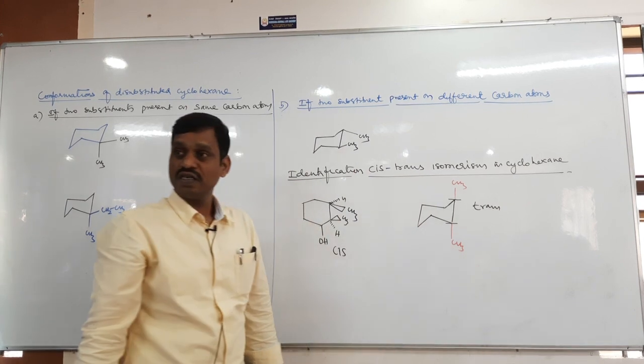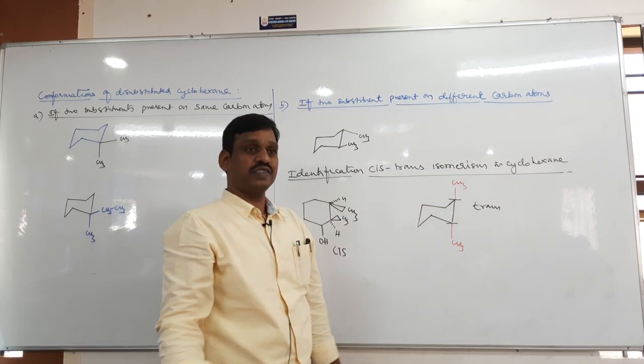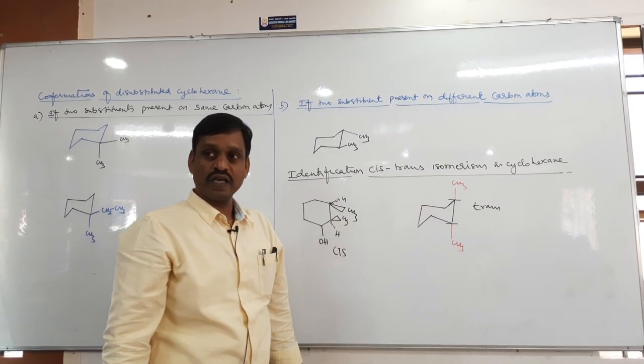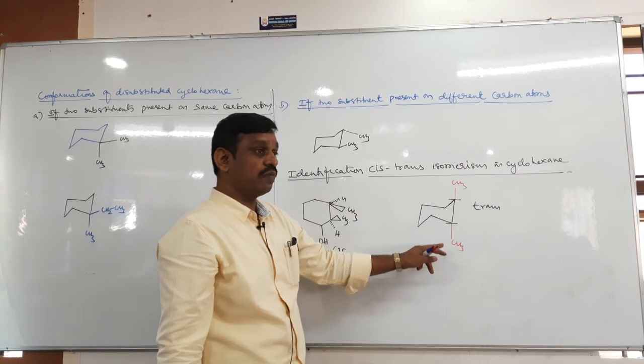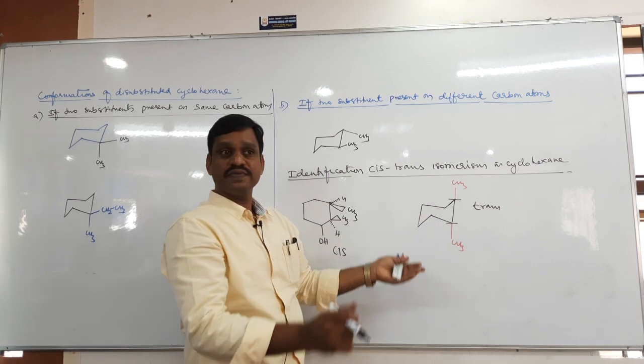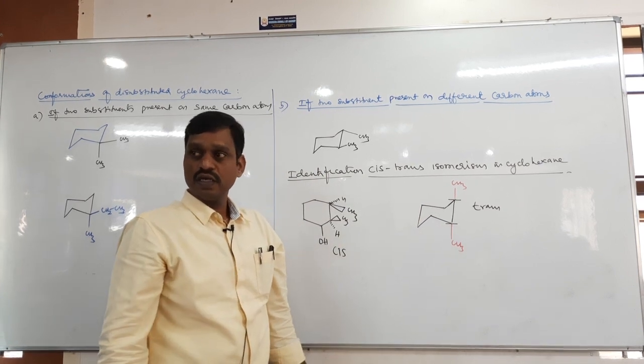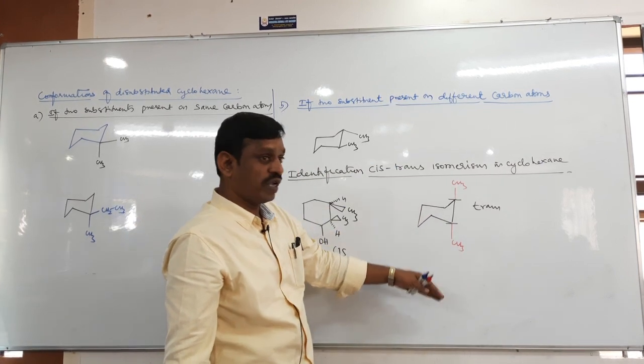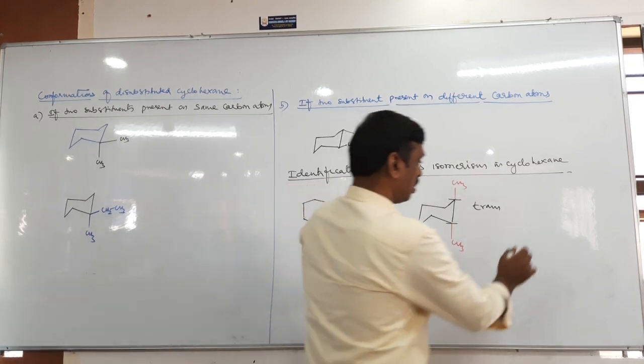It means not axial cis. Let it be axial, but how the bonds are present, whether above the plane or below the plane, means one side. So above the plane and below the plane, trans. For example, one more.